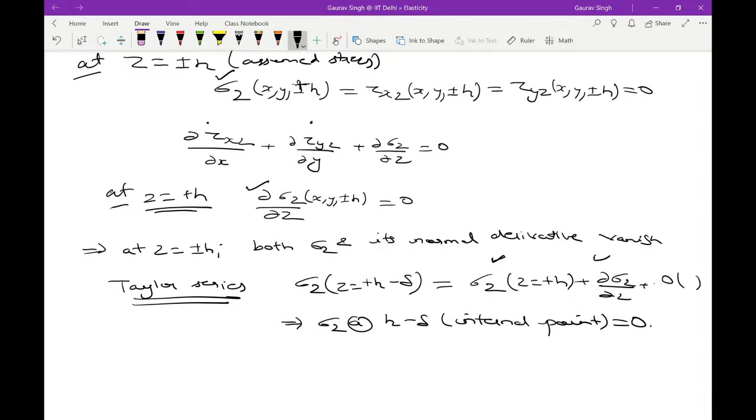One thing which you should do is write the Taylor series expansion correctly over here and then convince yourself. So this justifies the assumption that sigma z vanishes throughout the interior of the plate.